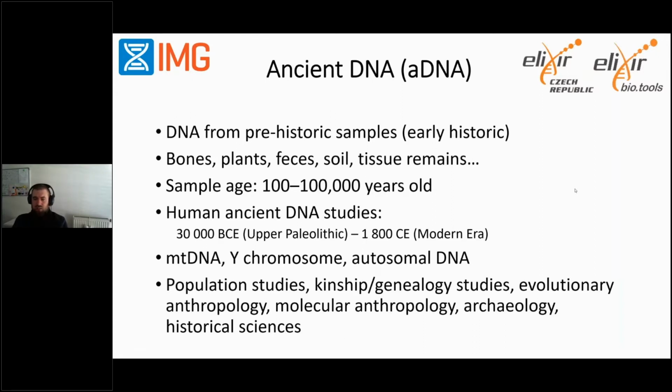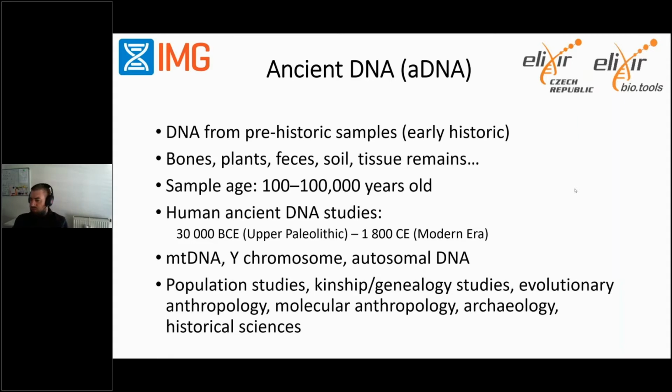But generally, most of the samples that we gather in the database are coming from Neolithic times, Bronze Age, and Iron Age. So let's say from the 5th millennium before Christ up until the year 0, the beginning of the current era.